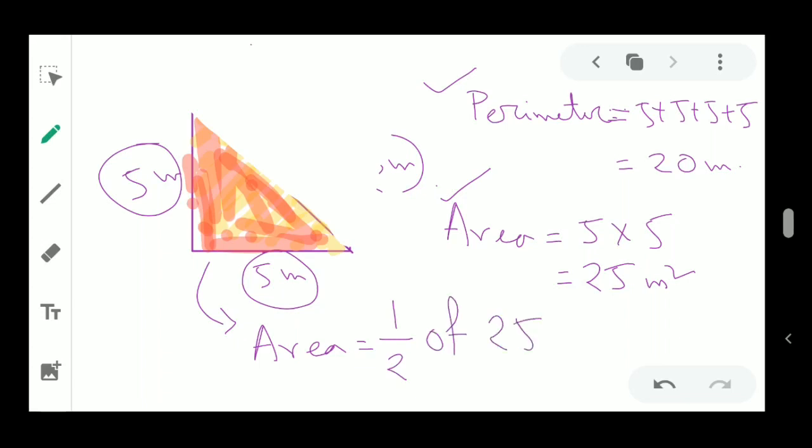That means if you have 10 candies and you divide the candies into two parts, one will be 5 candies, another will be 5 candies. That means half of 10 candies, that means 5 candies, right? So same way, what will be the formula for this case? What is this? This is one triangle.